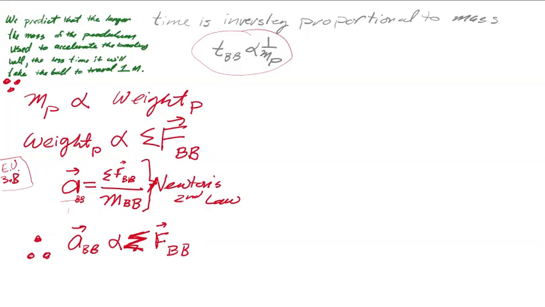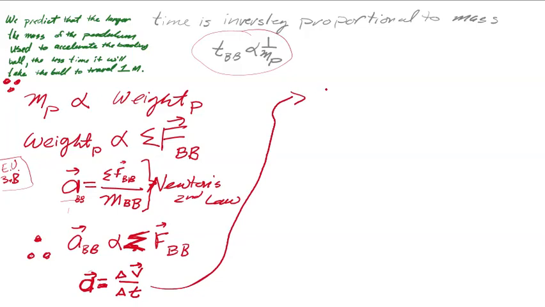Okay, and we're trying to get to how much time this is going to take. Well, there is another equation for acceleration. Acceleration equals the change in velocity over the change in time. So go up here. Therefore, whoops, and I should put the bowling ball.